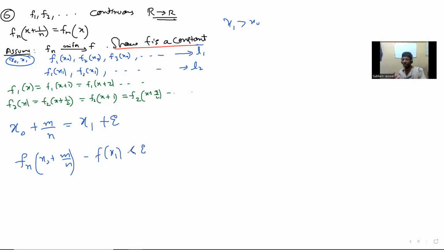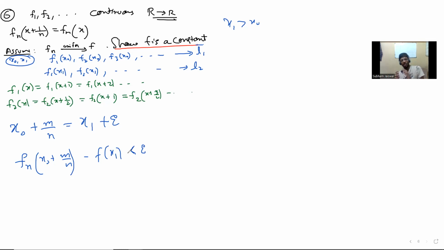So basically you start with an epsilon, and then you get a delta, which you need for this to happen. And then for that delta, you pick an n large enough.